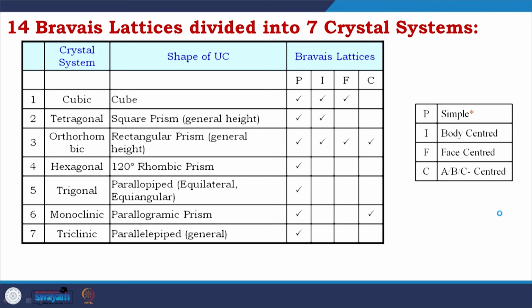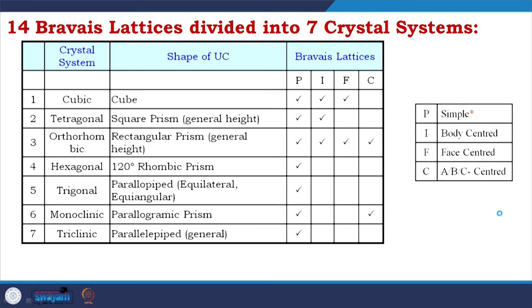So, the 7 crystal systems are cubic, tetragonal, orthorhombic, hexagonal, trigonal, monoclinic and triclinic. The cubic crystals have the shape of a cube, tetragonal a square prism, orthorhombic a rectangular prism, hexagonal a 120-degree rhombic prism, trigonal a parallelepiped, monoclinic a parallelogramic prism and triclinic a parallelepiped.